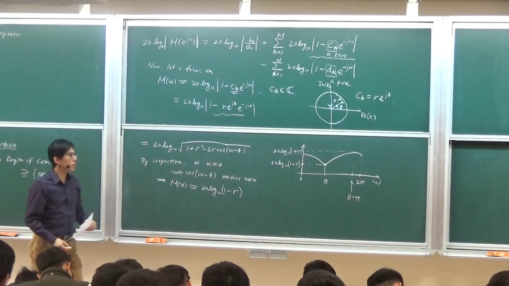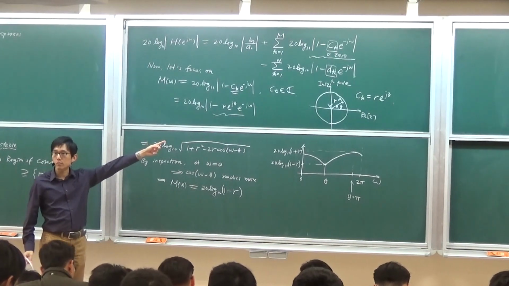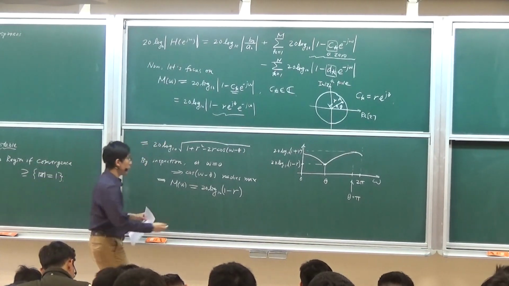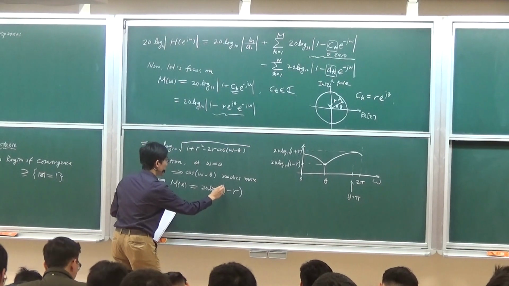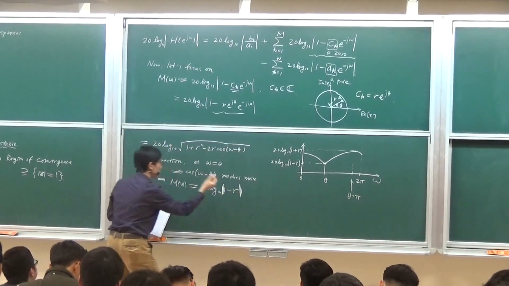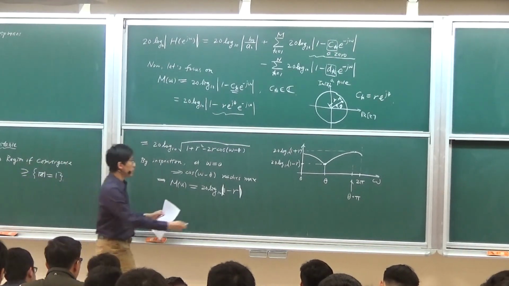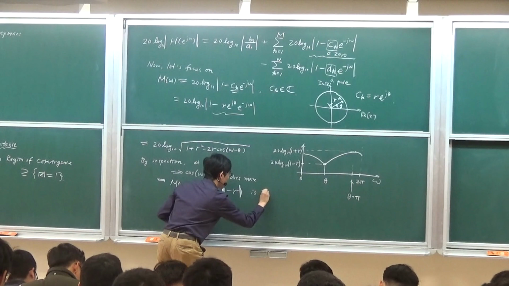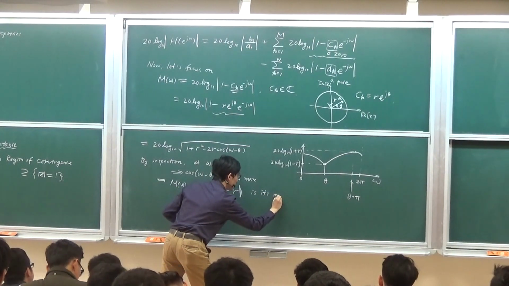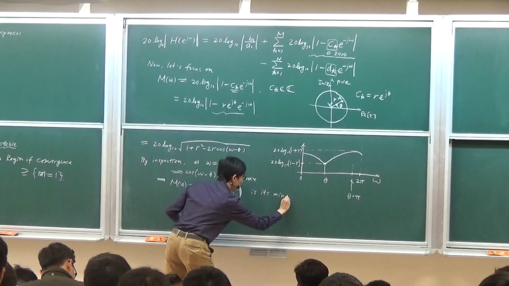Here, on the plot, I'm assuming that r is smaller than 1. Otherwise, there could be an absolute value around 1 minus r. That is the minimum.